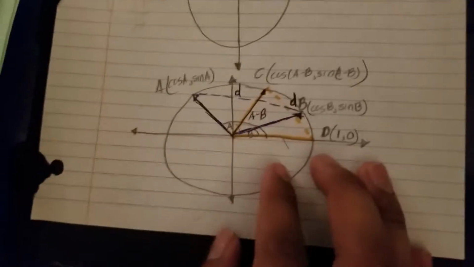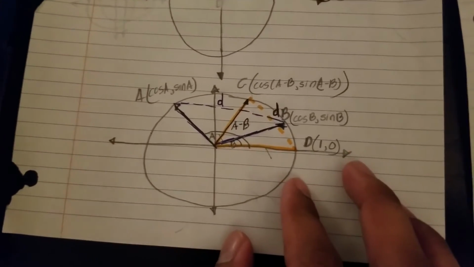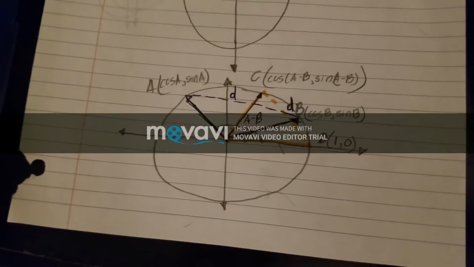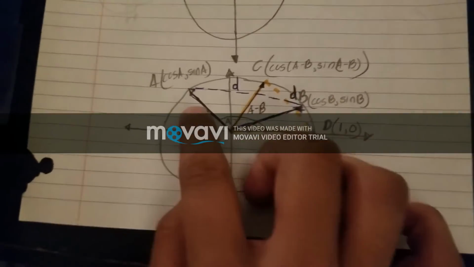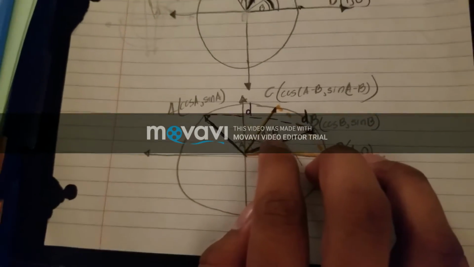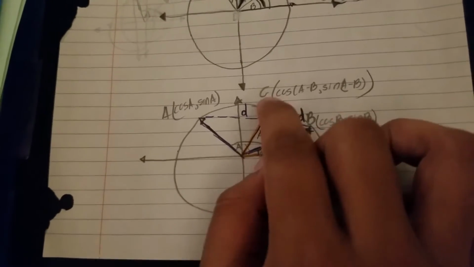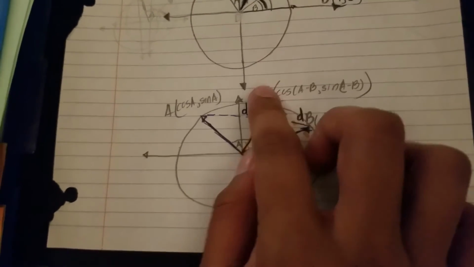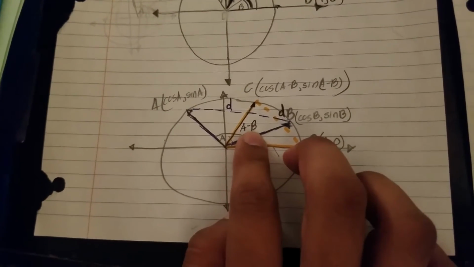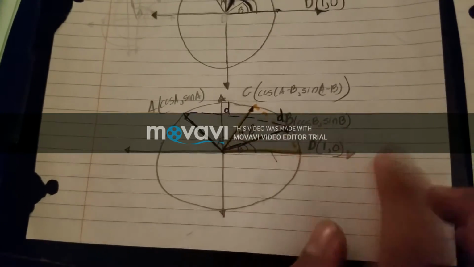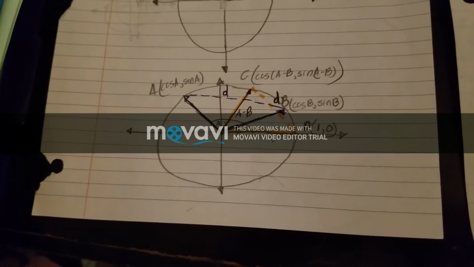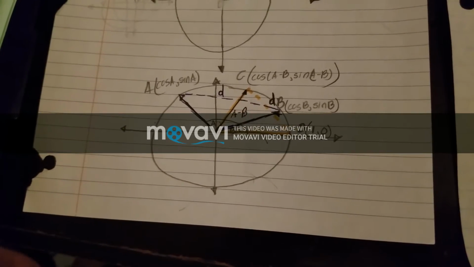Points C and D, and A and B, are A minus B away from each other, because point C's angle and point B's angle are just A minus B away, which makes the third angle A minus B. Point D's angle is just 0, so it's just A minus B away, if that makes any sense.